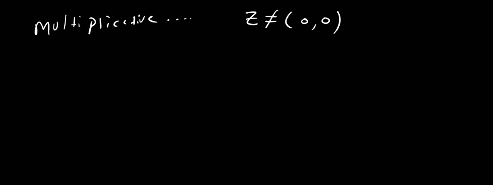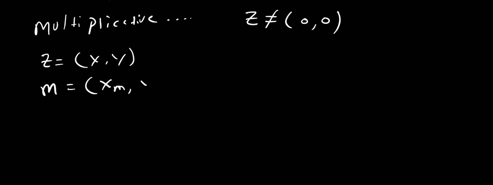So we're going to do the same thing as last time. We're going to say let z equal x, y, and our multiplicative inverse equal xm, ym.